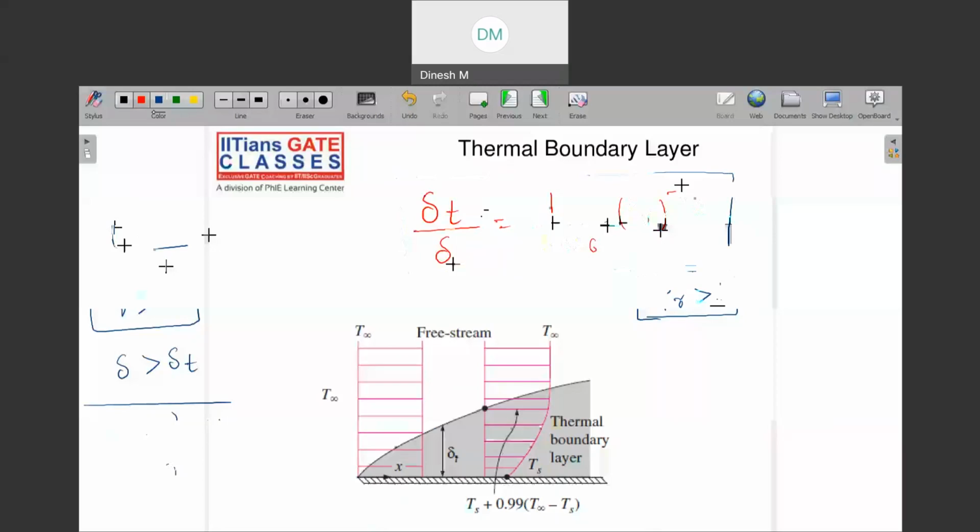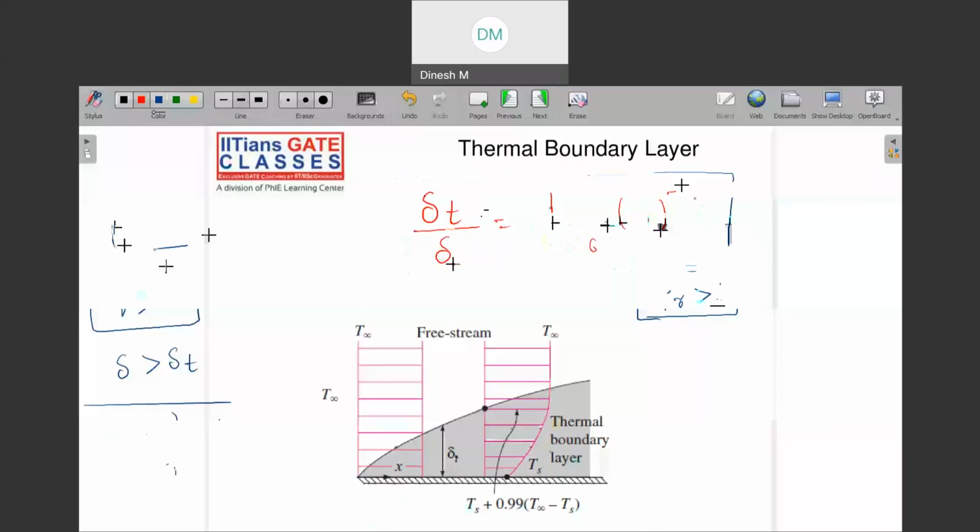The layer which comes into contact will assume the temperature of 400 degrees Celsius, and after the thermal boundary layer, the temperature decreases again. Can you see that your temperature is decreasing in this direction?